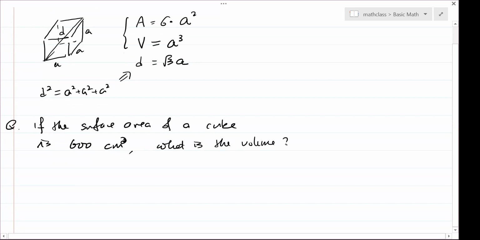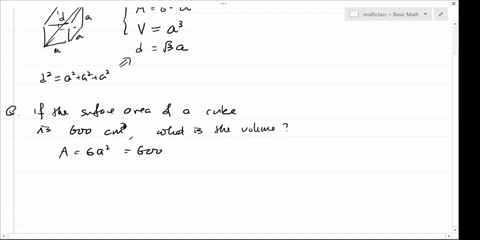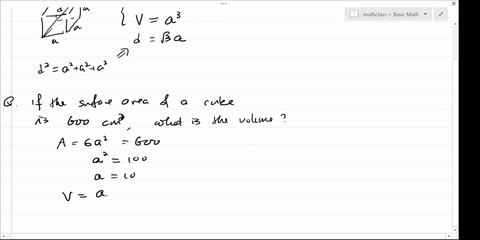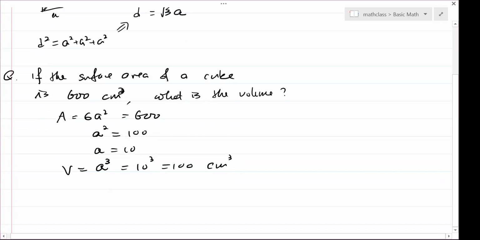To do that, you write down the formula, and you know the surface area is 6a squared. Then that's 600. So from there you find the edge length. Sometimes you can even bypass it. You get a squared equals 100, so a is going to be 10. Then you write in the volume formula, and you get 10 cubed. That's 1,000 cubic centimeters. That's how we solve the problem.